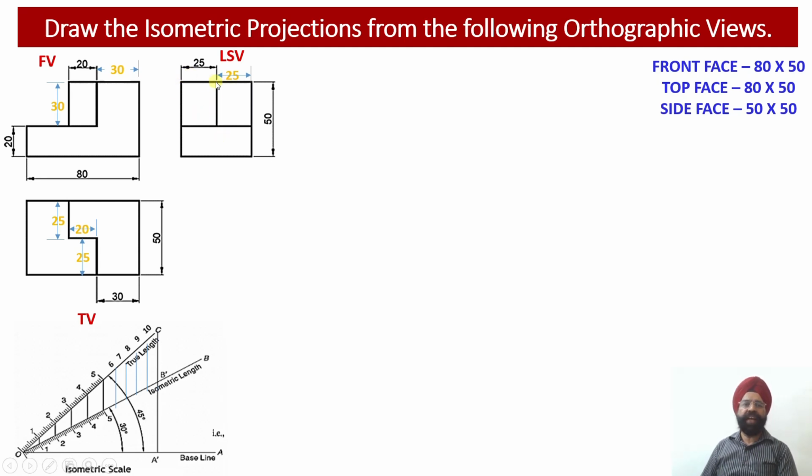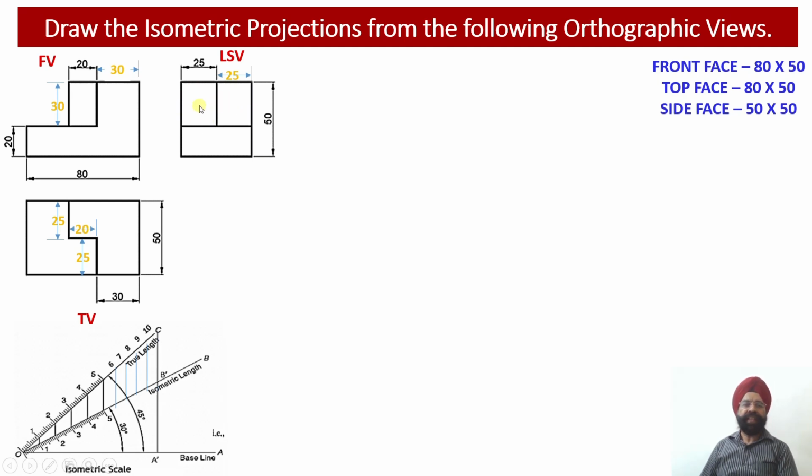This is 25, this is 30. And the second segment, I am able to view from the side view. This is also having the size 25, because if this is 25, total is 50. So if this is 25, this is also 25. It means both of these rectangular segments are of equal shape.